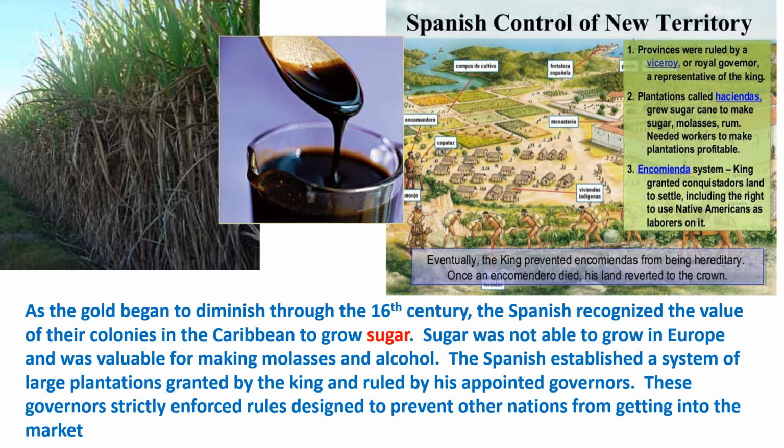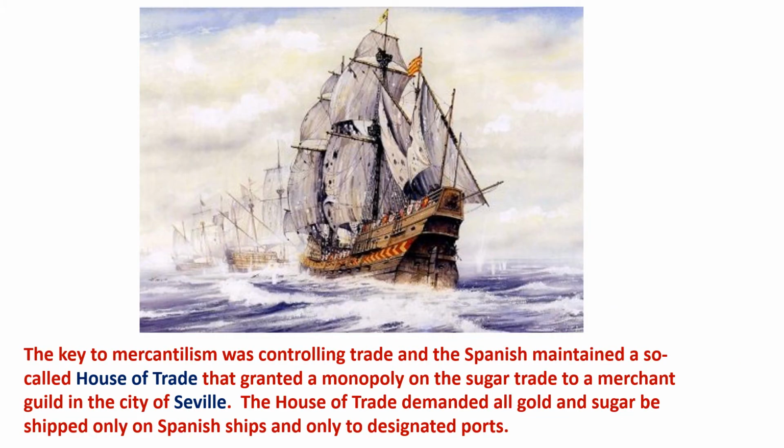The Spanish established a system of large plantations and comunidad, granted by the king and ruled by his appointed governors. These governors strictly enforced rules designed to prevent other nations from getting into that sugar market. The key to mercantilism was, of course, as I've said, controlling trade.